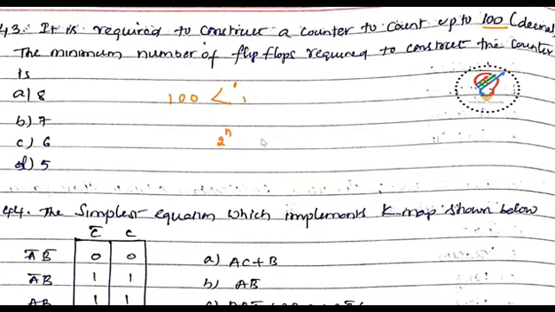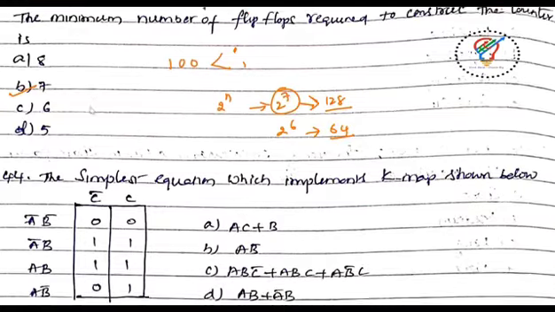So 2 power 7 gives a count of 128, while 2 power 6 is only 64. So 2 power 7 means we need 7 flip-flops as the minimum number required to construct the counter. So the answer will be 7. This question I have collected from the Odisha Polytechnic examination paper, right?